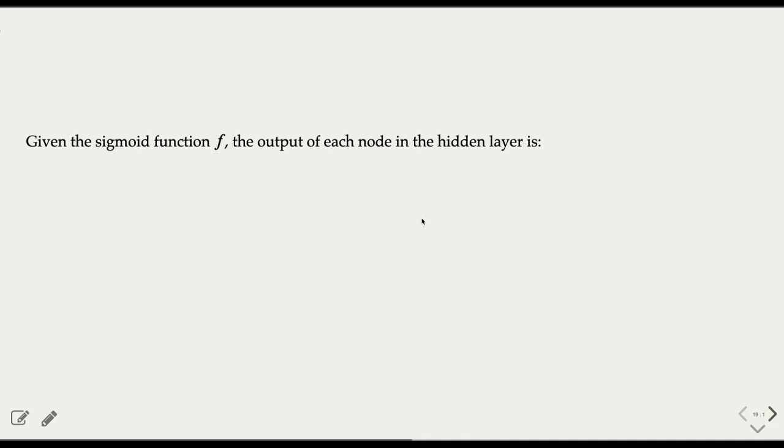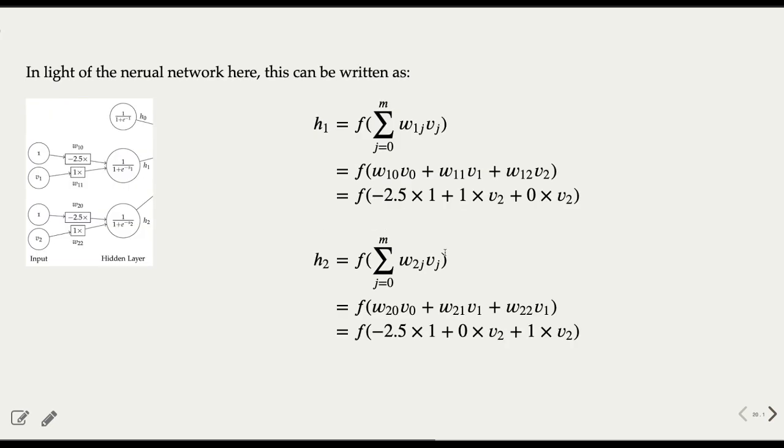So given the sigmoid function, the output of each hidden node is the sigmoid of Si.